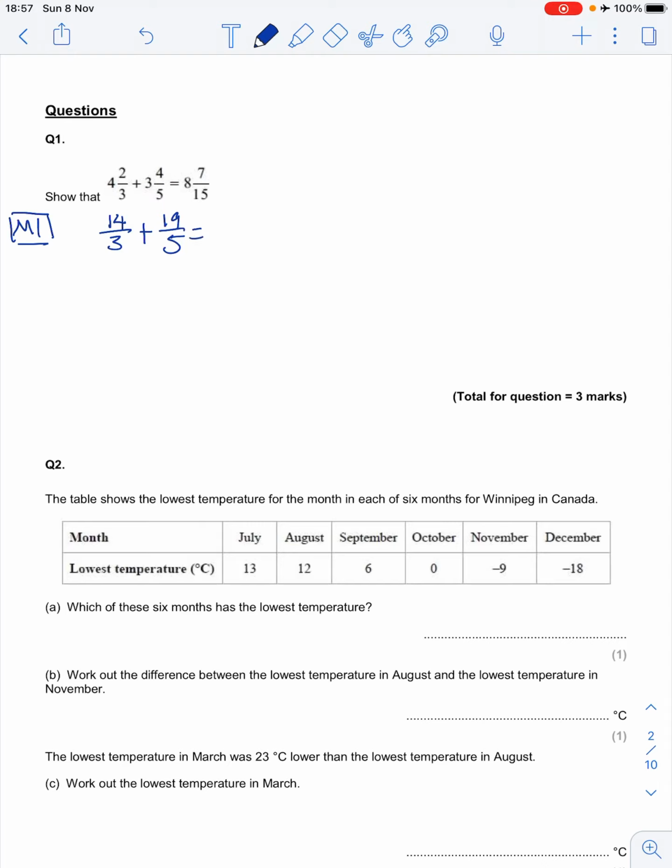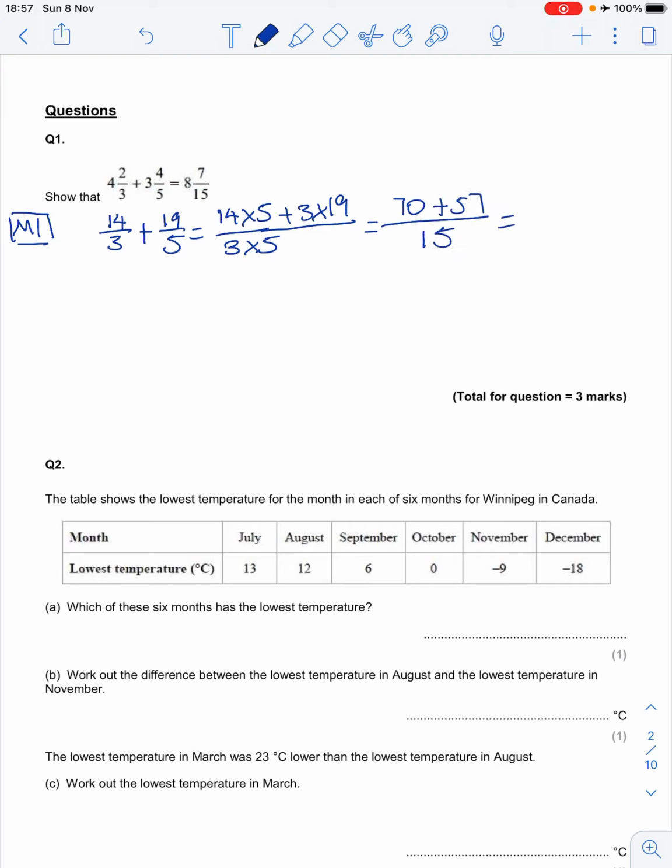And this is equal to, remember, adding fractions, we need to have the same denominator. So this would be 3 times 5. So 14 we have to times by 5, plus 3 times 19. Typing this into our calculators, we should have 70 plus 57 divided by 15.